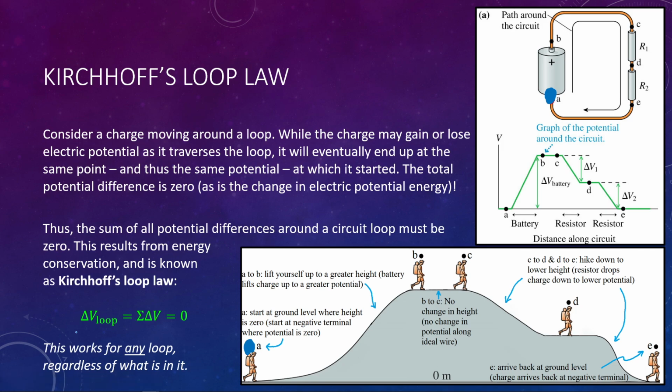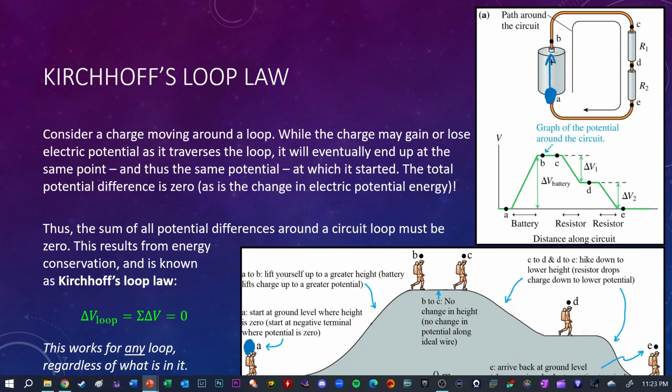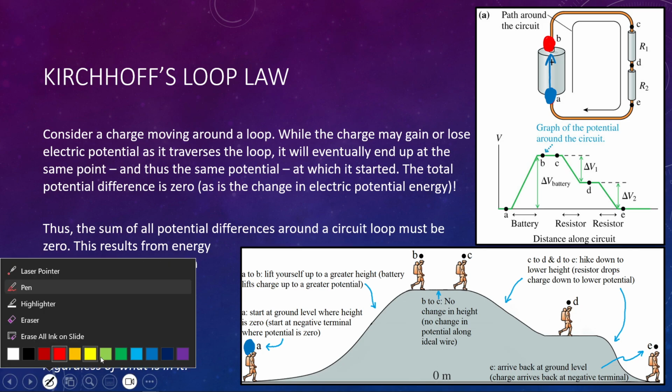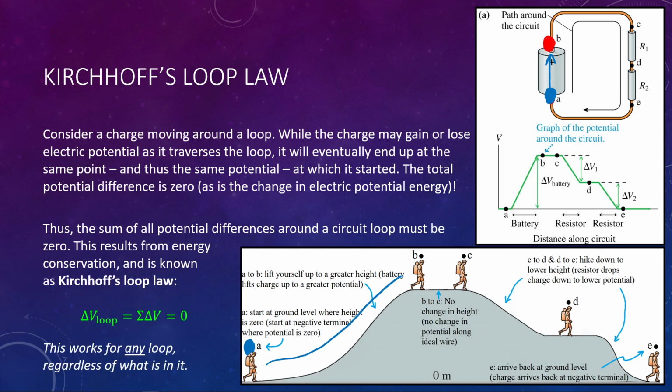The battery then takes you up to a higher potential at point B. As you walk up a hill, you are bringing yourself up to a higher gravitational potential energy at point B. So in a way, these are analogous. You walking up a hill is you giving yourself gravitational potential energy. A charge moving up through a battery is it giving itself electric potential energy.